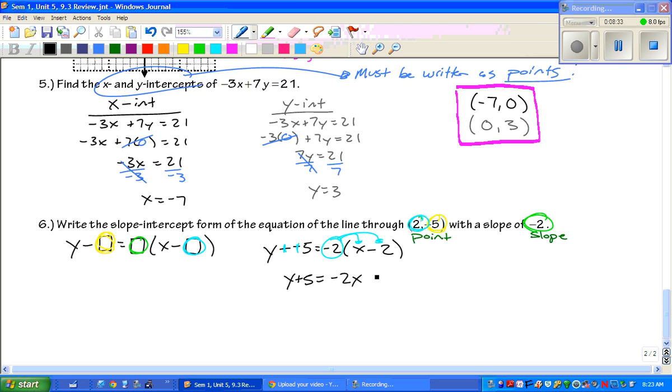Negative 2 times negative 2 gives us positive 4. Okay, and then to get the y all by itself, we have to subtract 5. And then our final answer is y equals negative 2x minus 1.